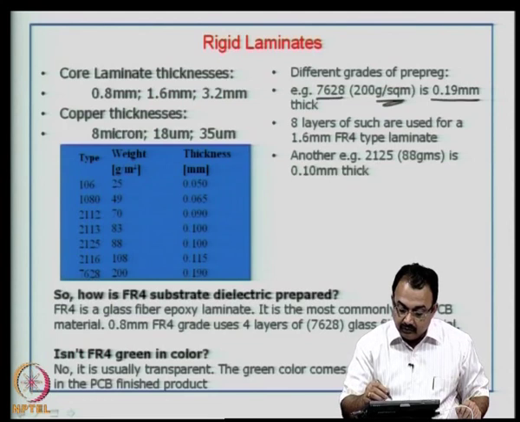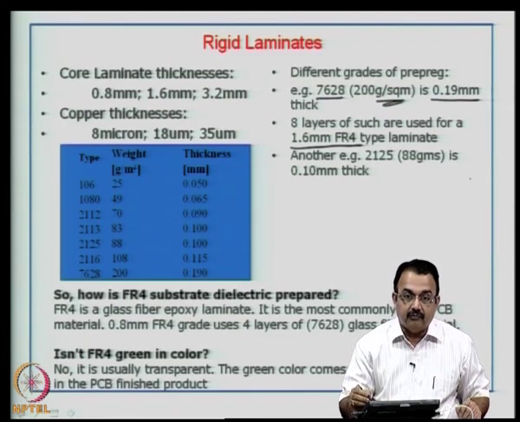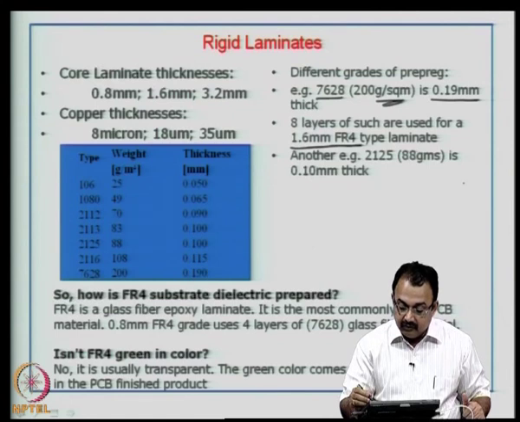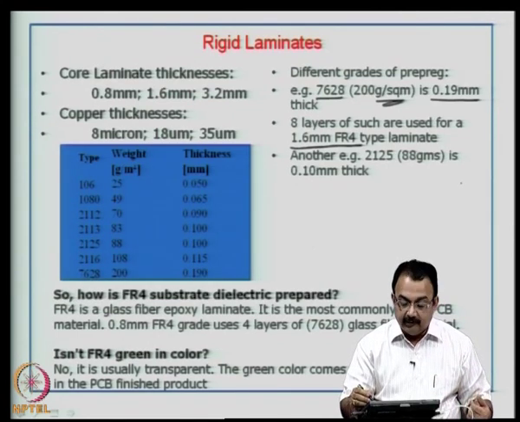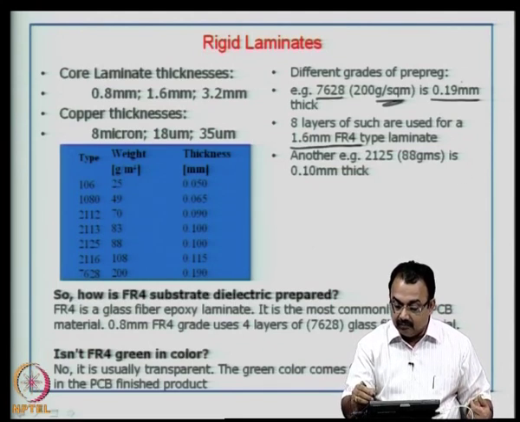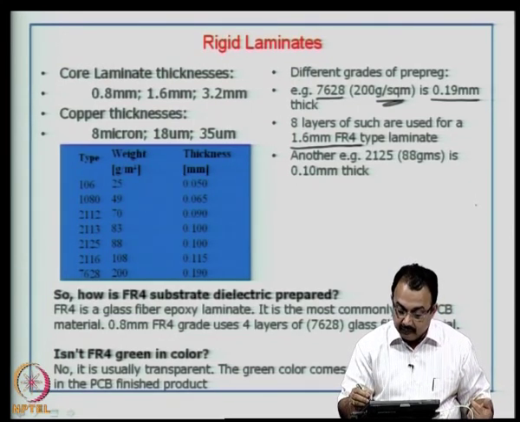For example, if you want to manufacture or use a 1.6 mm FR4 type laminate, FR4 is epoxy plus glass, 1.6 mm thick, then you can use 8 layers of such, because 8 into 200 micron thick, typically about 0.2 mm, will give you 1.6 mm thick FR4 laminate.